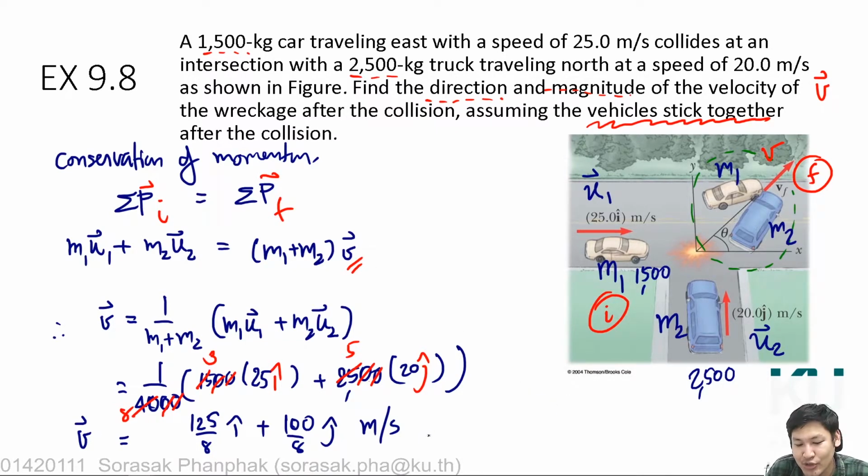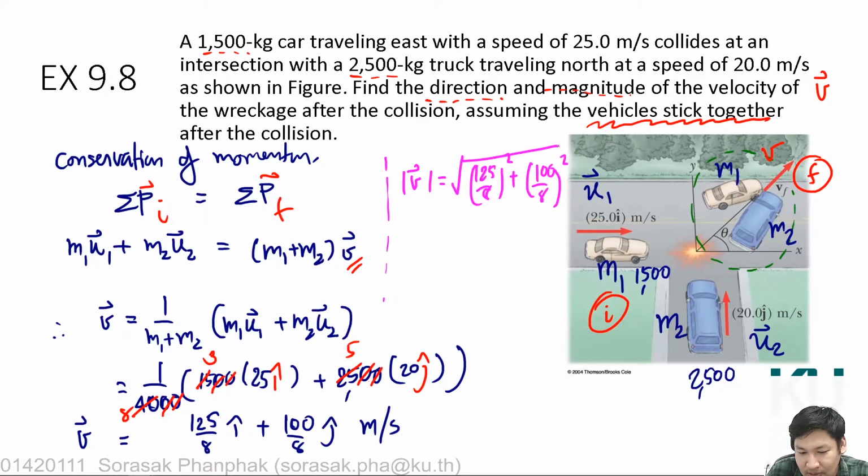If you would like to determine the magnitude of it, you know how to find the magnitude, right? The magnitude is the components, and you square them up and add. So finally, you get the magnitude of the velocity equal to some value in meters per second.